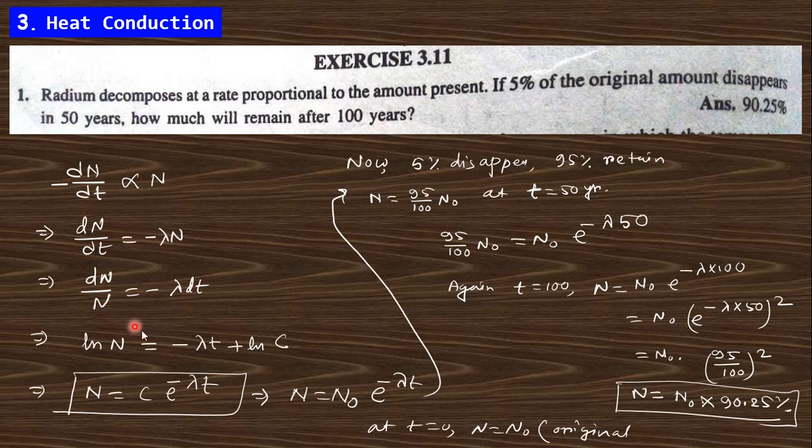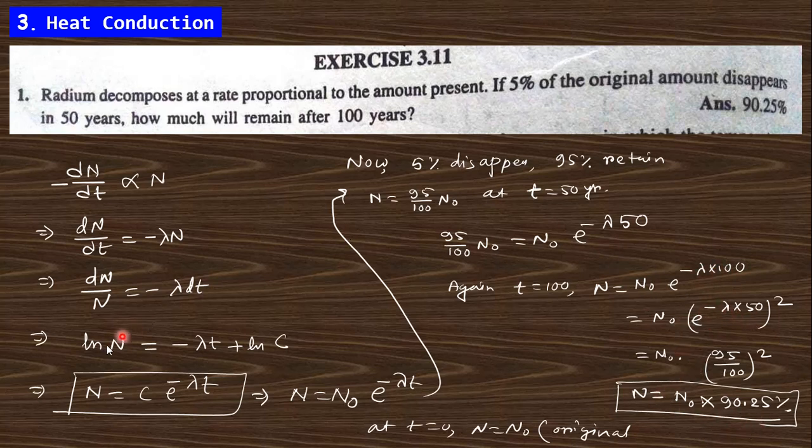Just separate out and integrate, and at t equal to 0 the original value is N0, put this in and you get the constant. After that, 5% disappears, that is 95% remains. If you put this, you will get the value of lambda, and at t equal to 0, N will be N0. This can be written like that. If you put this value, you will get this answer.